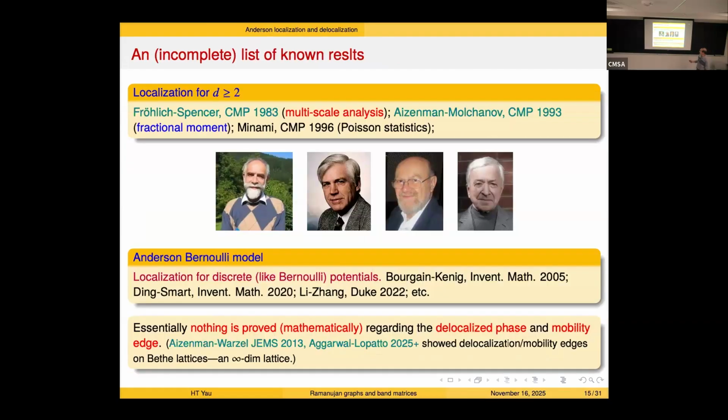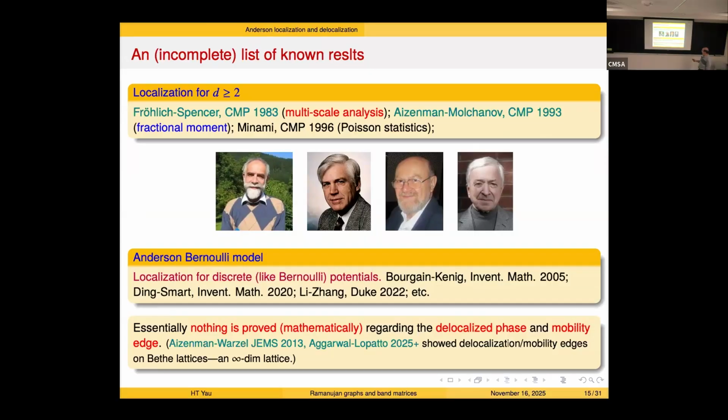You may find it strange. How can people wait for such a long time to answer a question, when in 1983 there was already a first proof? The Bernoulli case was finally solved in 2020 and 2022, by Ding and Smart.